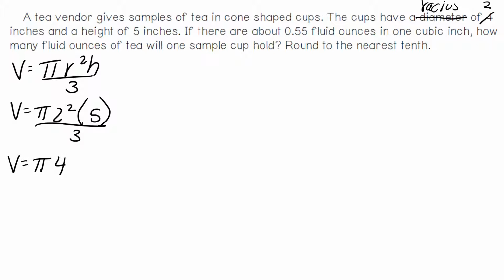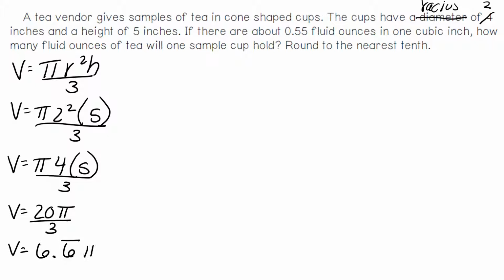2 squared is going to give us 4. 4 times 5 is going to give us 20. 20 divided by 3 is going to give us 6.6 repeating.